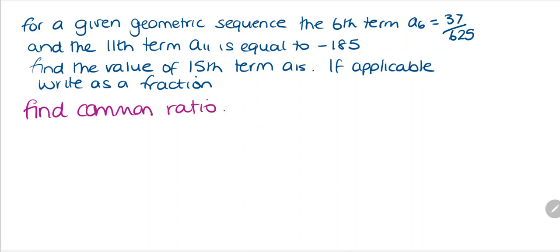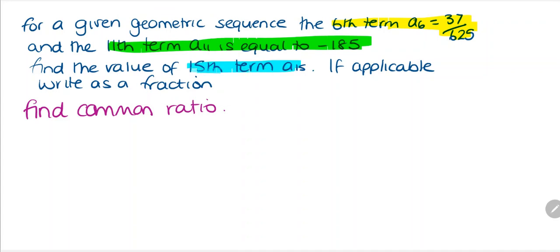So let's use the information we know. We've got the 6th term and the 11th term, and once you have the common ratio, we're going to find the 15th term. So for the common ratio, we're going to use 11 and 6.